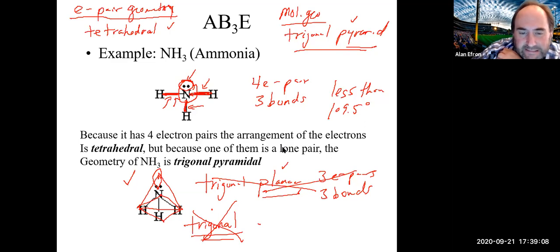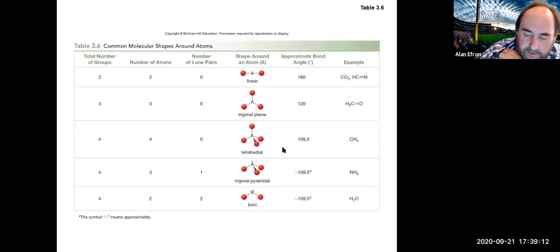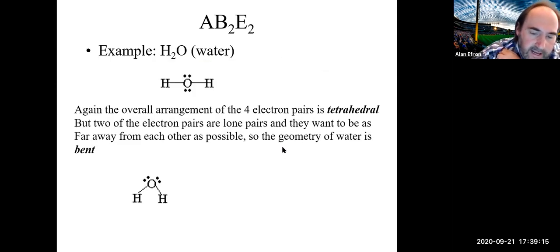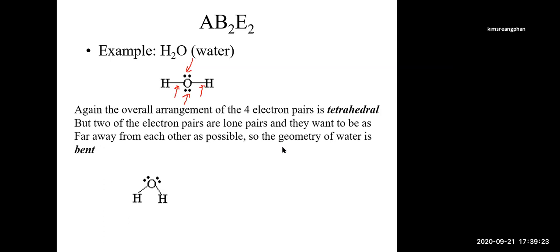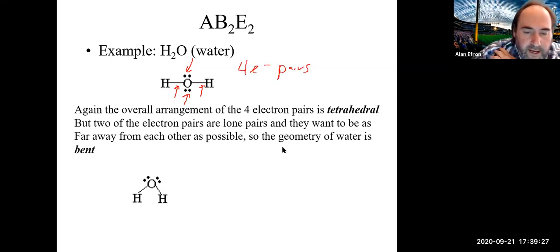And our last geometry here is something like water. If we look at water, we have 1 electron pair, 2 electron pairs, 3 electron pairs, and 4 electron pairs there. And something with 4 electron pairs also has 1 bond and 2 bonds.